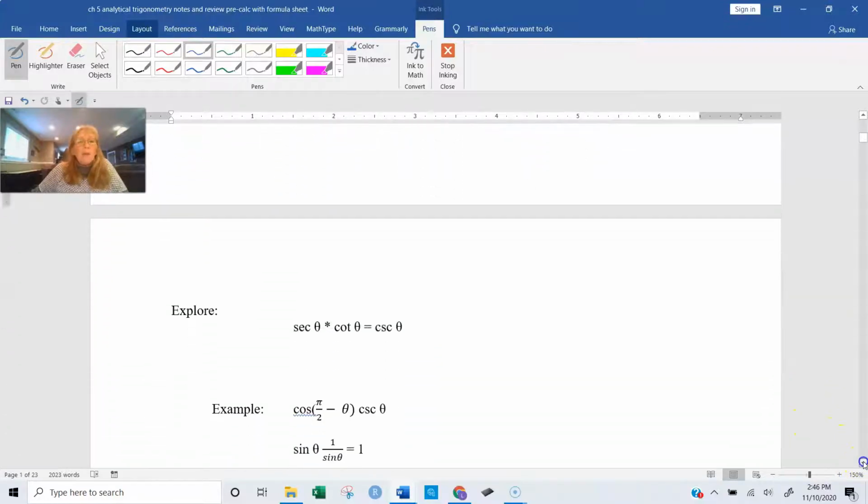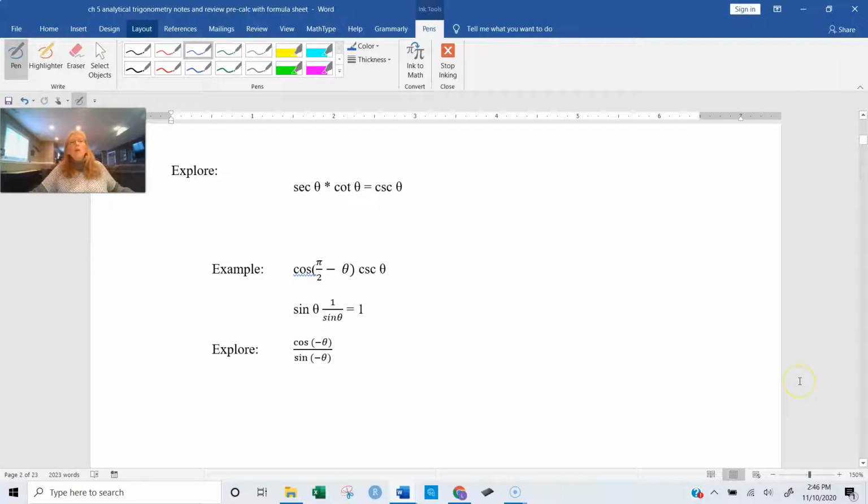All right. Now I want you to pause and try yours. You're going to prove the secant of theta times the cotangent of theta is equal to the cosecant of theta. All right, there are lots of ways to do these, by the way, all of them throughout. So if you do it different than me, but you get to the same answer, that is probably just fine. So we know that the secant is 1 over the cosine of theta.